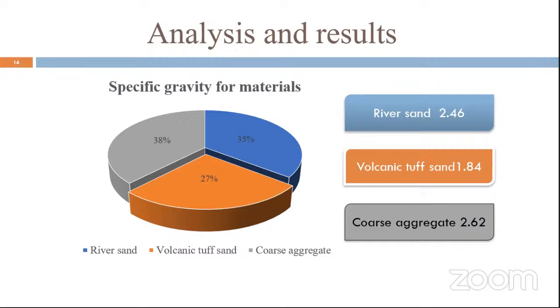It's like you want the specific gravity of the whole coarse and fine aggregate to be equal to 100%. That's what I had thought, that in a chart it should add up to 100%.